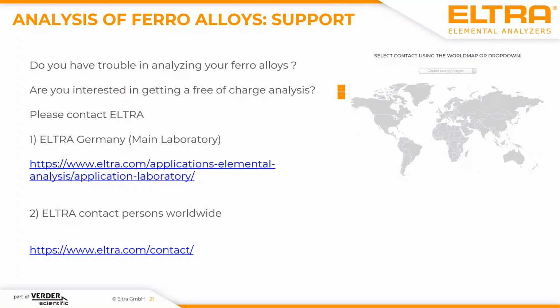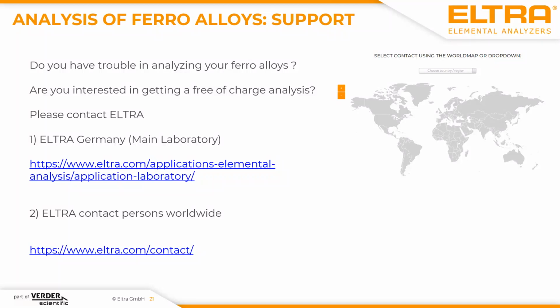ELTRA always offers a free of charge analysis. This means when you would like to know which carbon and sulfur content is present in your ferroalloy, just have a look at the website, find the local distributor, fill in a contact form, and then you can send us a sample. Then it's easy for you to evaluate if carbon and sulfur analysis is suitable for you. You will see how good the precision is and how easy the analyzer is to use.